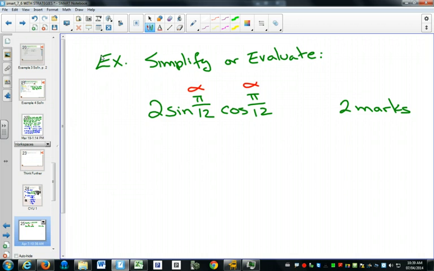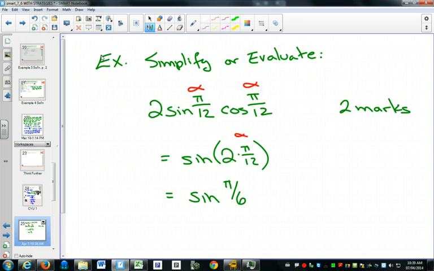And if we take that and say, well, that's the same as sine 2 alpha, and instead of alpha, I'll write the pi over 12, then I can simplify this expression, because this is 2 over 1. This just becomes sine of pi over 6, and that's on our unit circle.